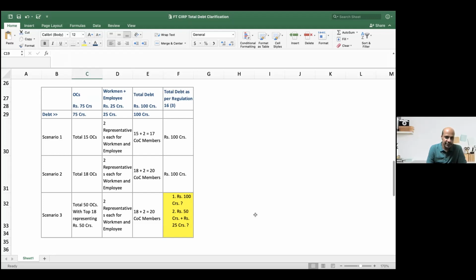I'm not sure about this. Maybe we can just reread and come back. I'll also try to explore this. Somewhere the definition of liquidation value is given in normal CIRP. I think we can now discuss it in the group. Yeah.